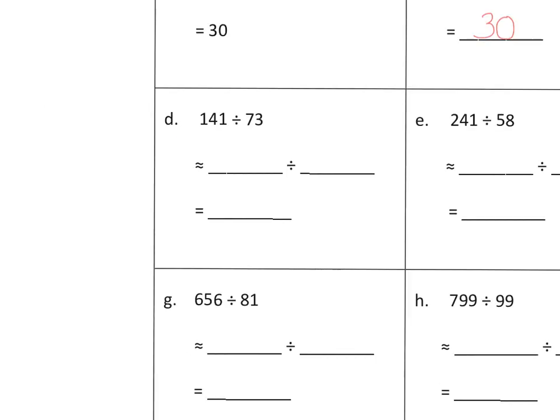So moving over to D. Remember, we're rounding the divisor first. That's 73. So 73 is closer to 70 than it is to 80. I'm going to list my multiples of 7. I'm going to do 7, 14, 21, 28. And I'm going to look at the first digit, which is 1. Is 1 a multiple of 7?